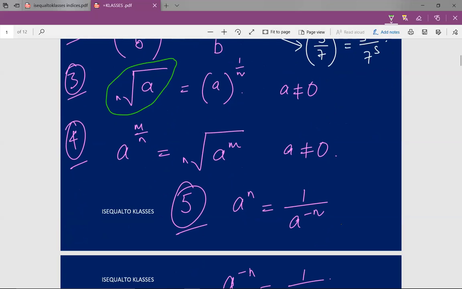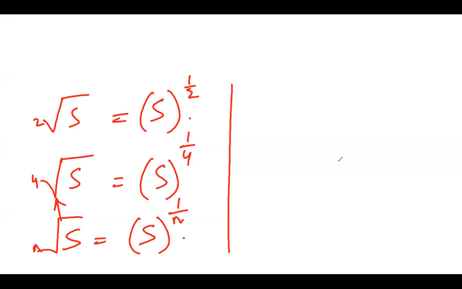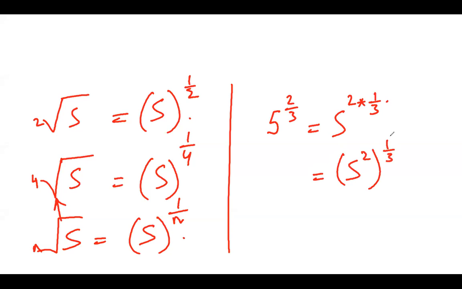So a raised to power m upon n can be written as the nth root of a to the power m. This becomes a bit easy to understand if I break this into two parts. I'll show you how. For example, 5 raised to power 2 by 3. I can write this as 5 raised to power 2 into 1 by 3. I hope it is clear. This I can write as 5 square, and 1 by 3 is outside. Why can I write this?